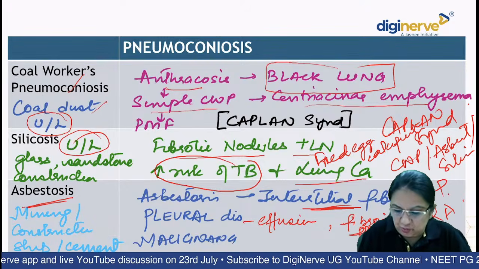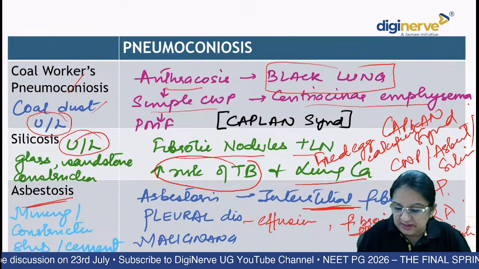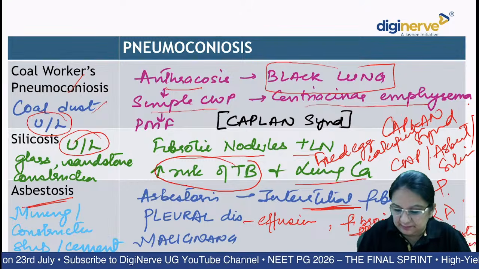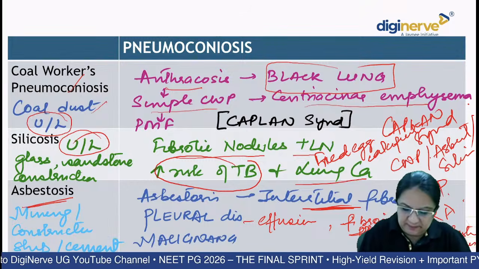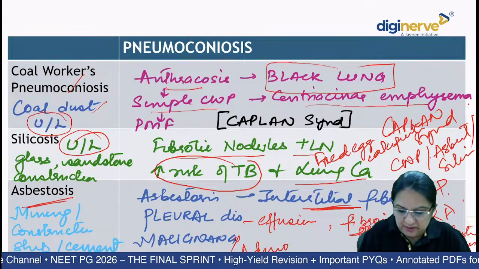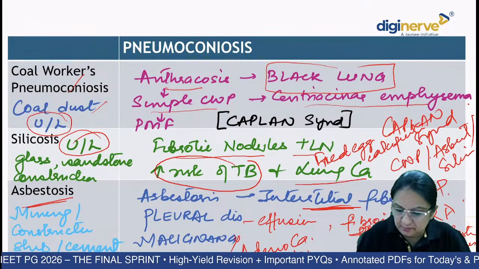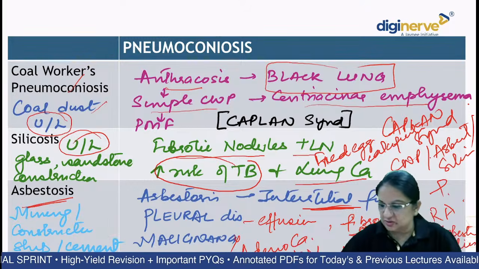But please note, in these plaques, asbestos bodies will not be there. Okay, they will not be there. Malignancies associated are adenocarcinoma and the second one is mesothelioma. Okay, mesothelioma, right?